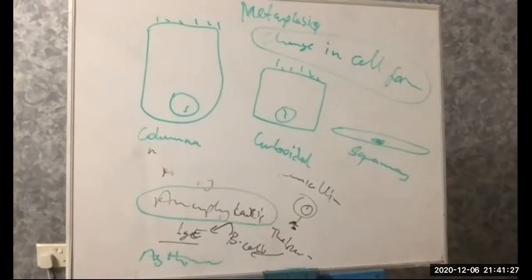So it transits from columnar shape to squamous depending on the filling of the bladder. Some adjacent structures, like the urethra and the ureter, the parts close to the bladder, also have transitional cells. So once there is change from one cell form to the other, we call it metaplasia.